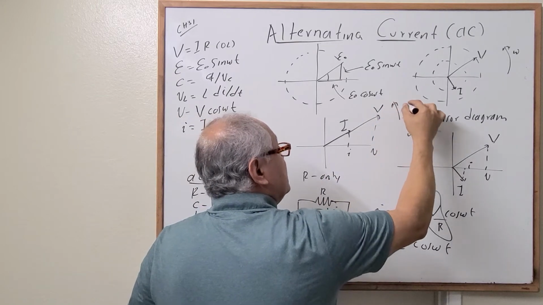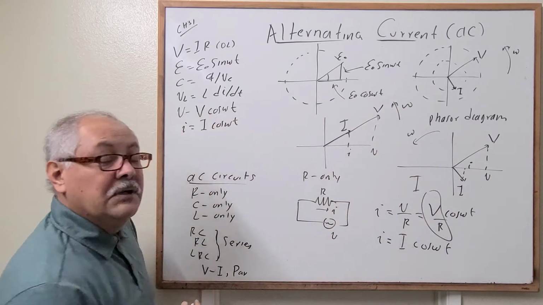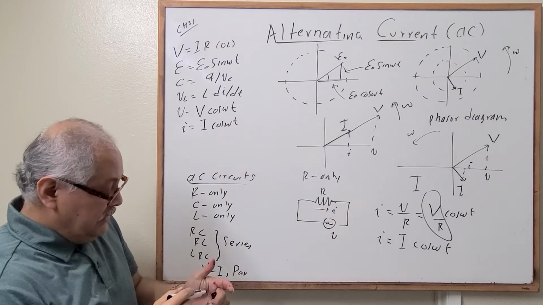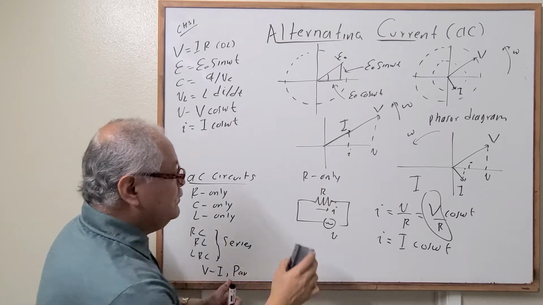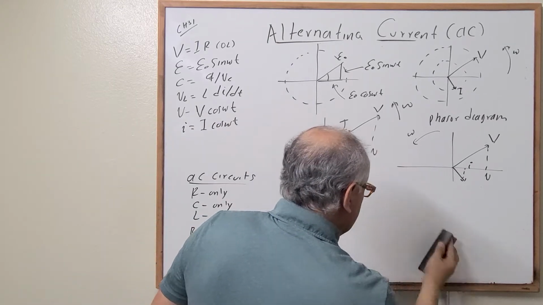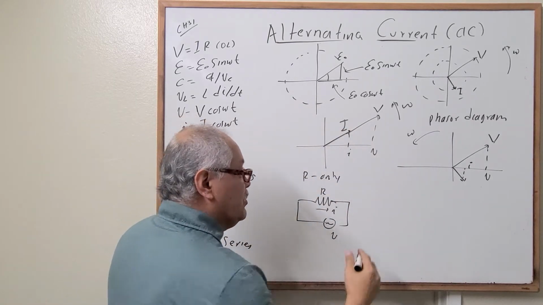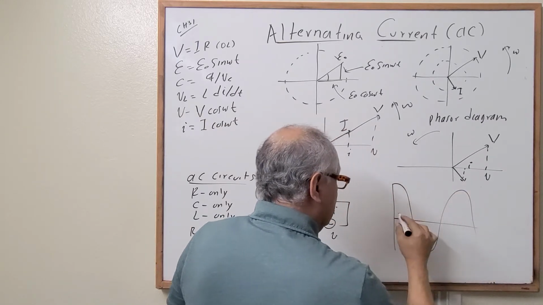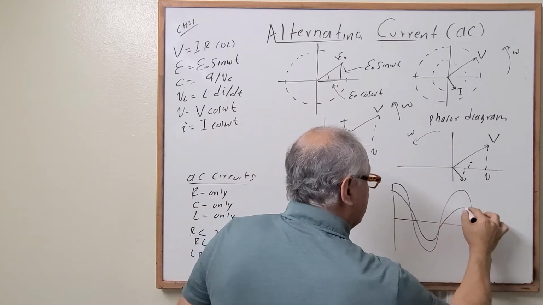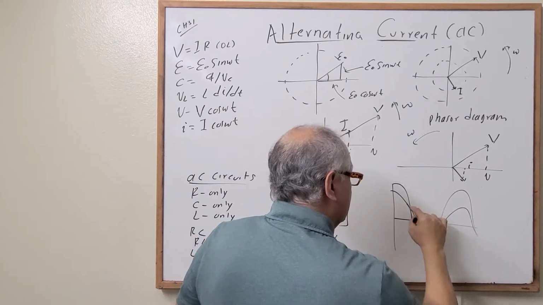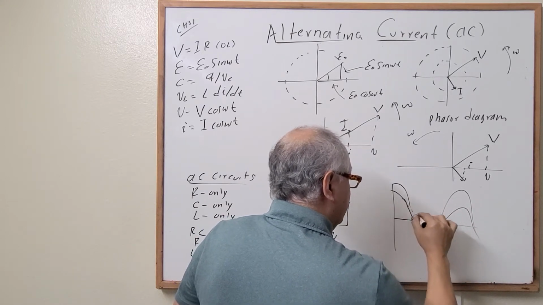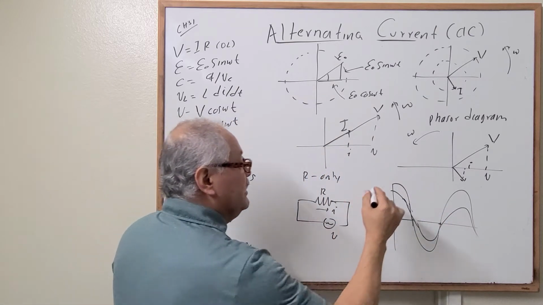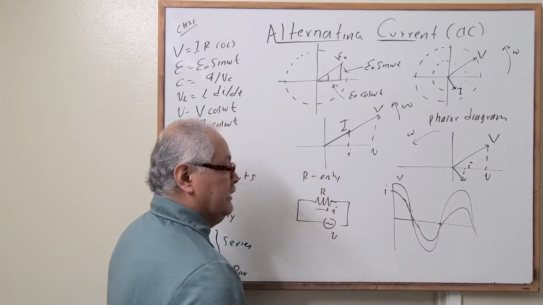Again, this rotates counterclockwise at some frequency omega, and of course, these two are in phase, and we can represent them also in this way. If this is one quantity, this is the other quantity. They are in phase, like this. Okay, imagine this is voltage and this is current.